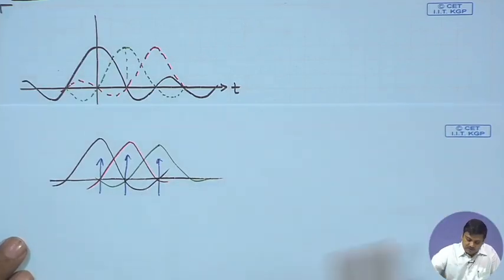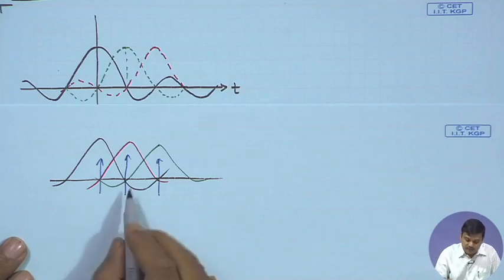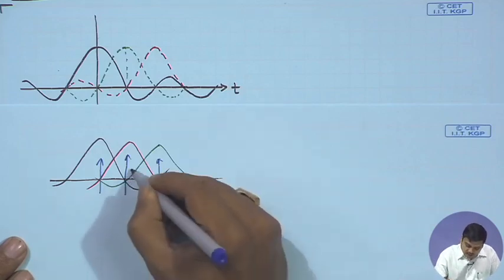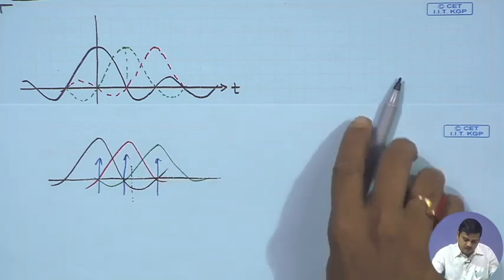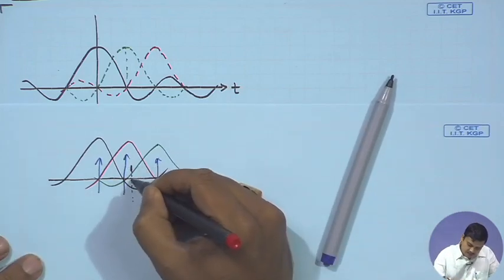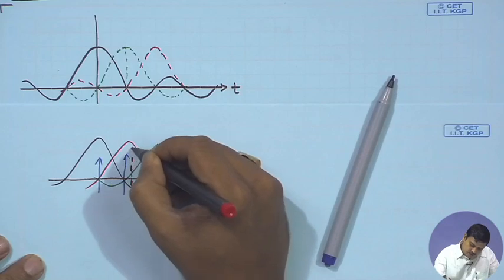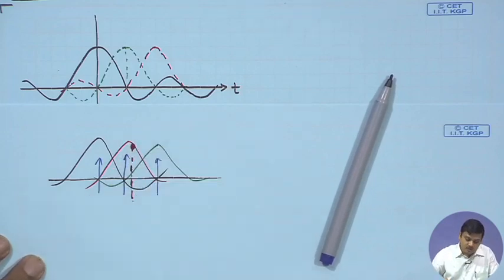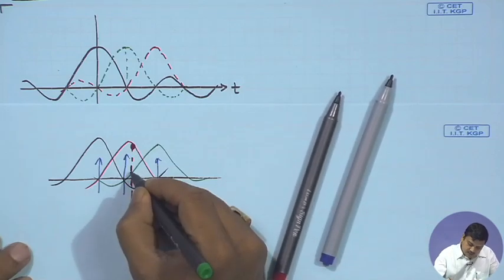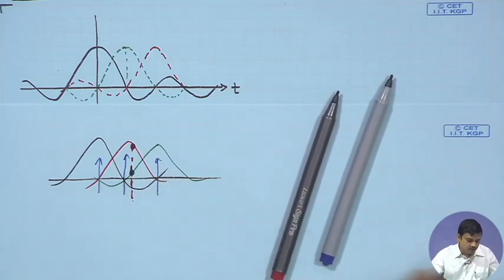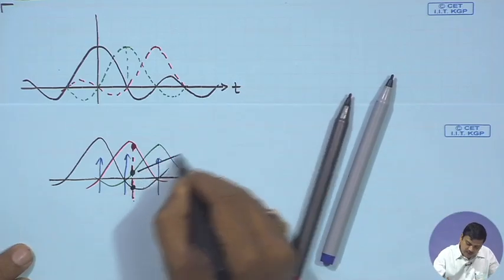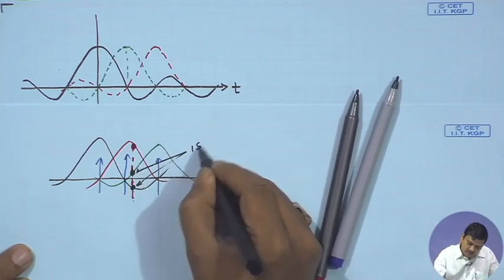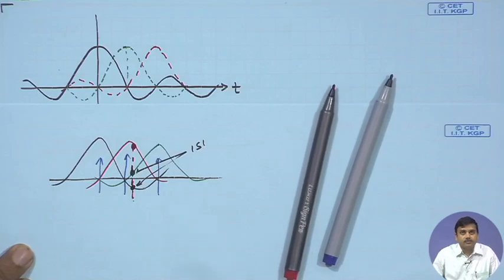Now, if the receiver clock makes an error and instead of sampling there, it samples at a little bit offset point, what we see is that the desired signal has a lower value, while there is contribution of other symbols from the neighborhood, and we do get a lot of inter symbol interference.